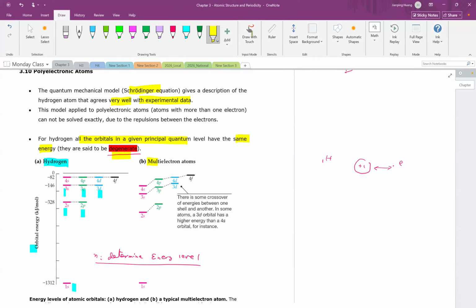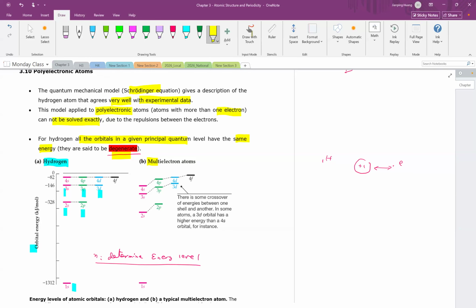Helium has two protons and two electrons. That model we call the polyatomic atom. With more than one electron, it cannot be solved exactly.